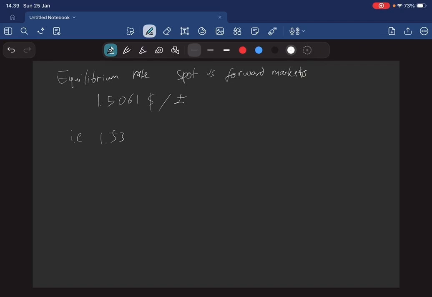To do so, you just buy sterling spot today at 1.55 and then invest in a sterling time deposit at 5%, and then sell the sterling, or repatriate the dollar, at the pre-agreed forward rate of 1.53.